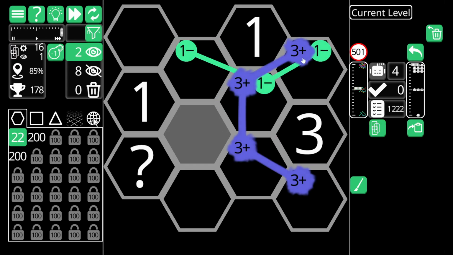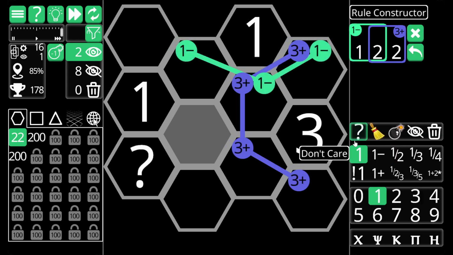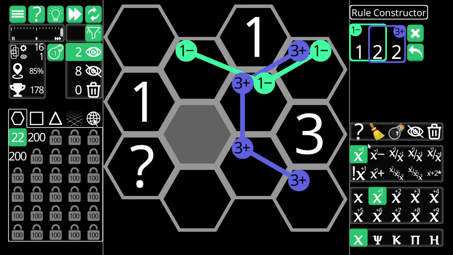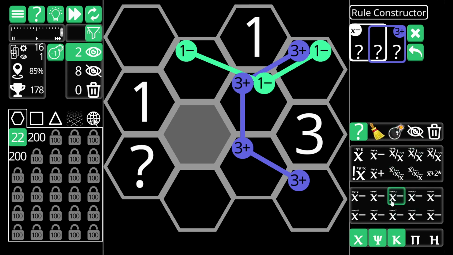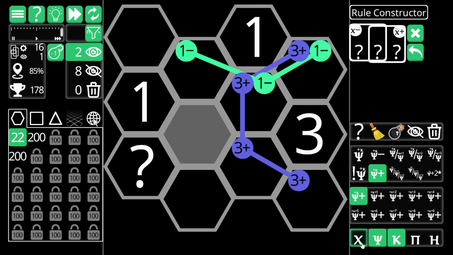Well, let's write one, I guess. If we have an X or fewer overlapping with an X plus Y plus K or more, then there are at least Y plus K out here?